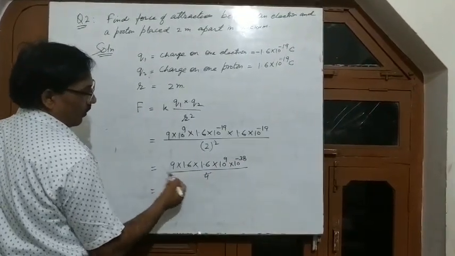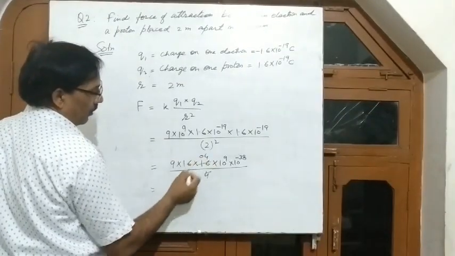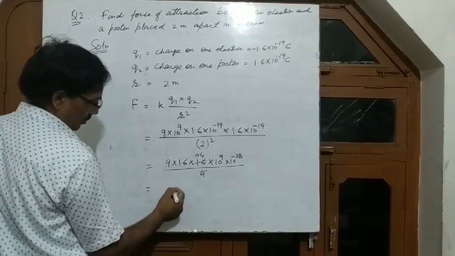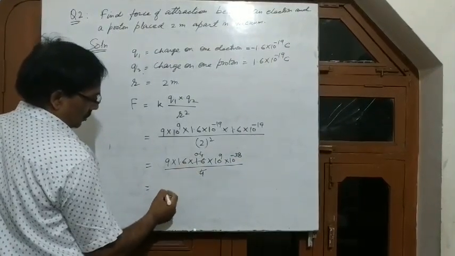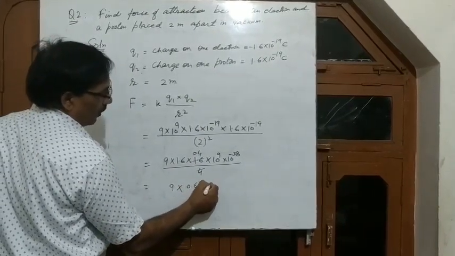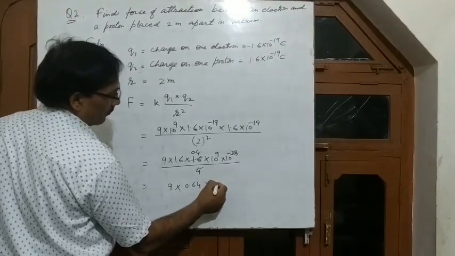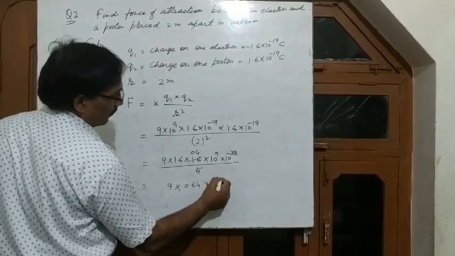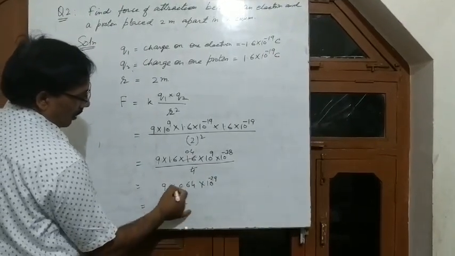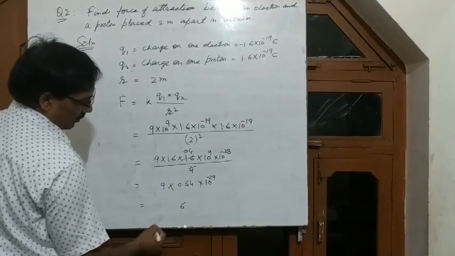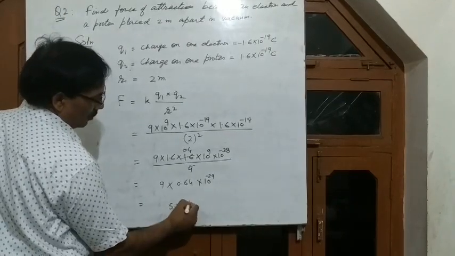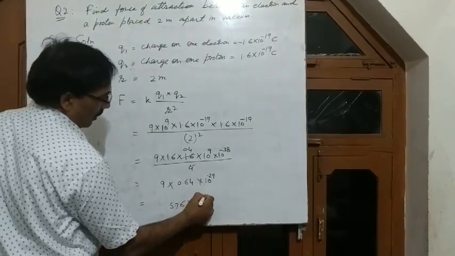That gives 0.64, 10 power minus 29. Then 9 into 0.64 is 5.76, so the force is 5.76 into 10 power minus 29.